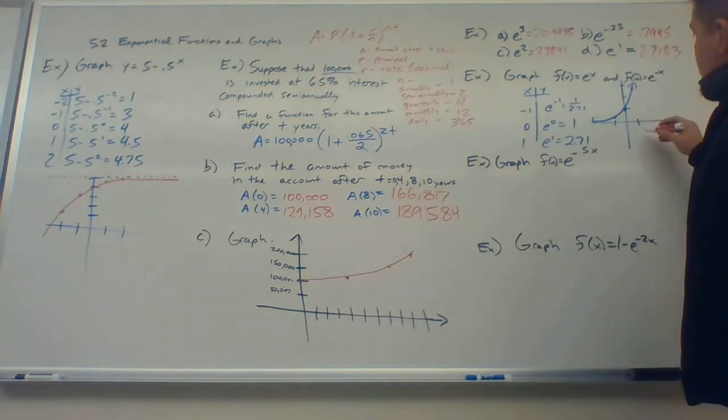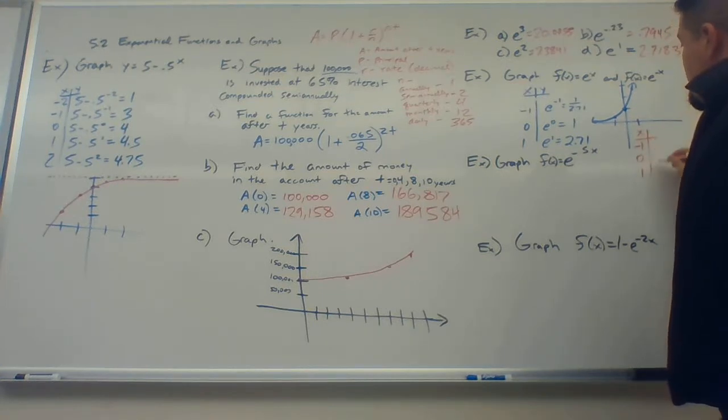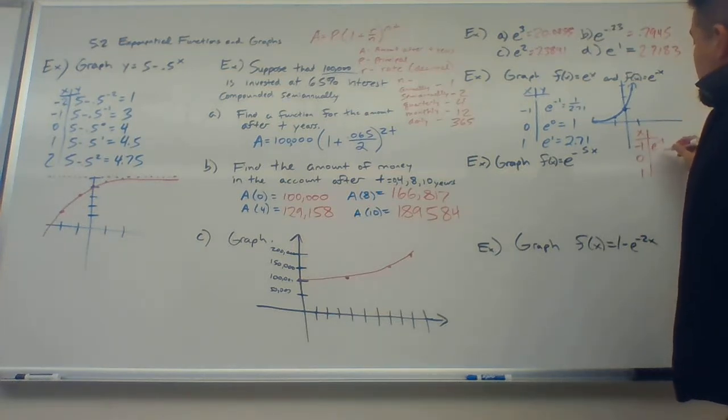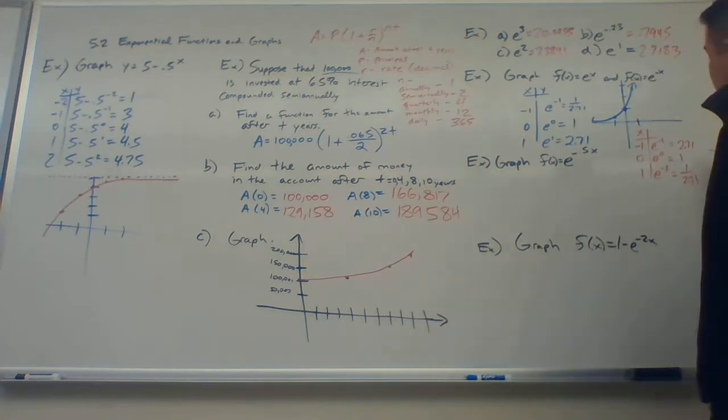I'm going to graph this next one here. I'm going to use the same coordinates, negative 1, 0, and 1, with e to the negative x. Well, e to the negative of negative 1 is just e, so that's 2.71. e to the 0 is 1. This is 1 over 2.71, which is kind of close to half.